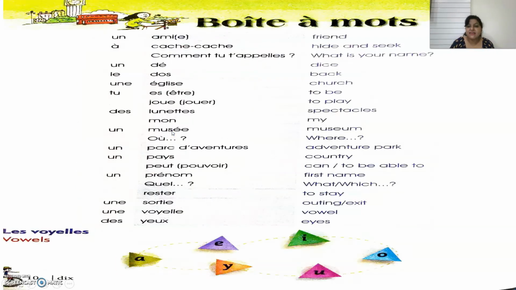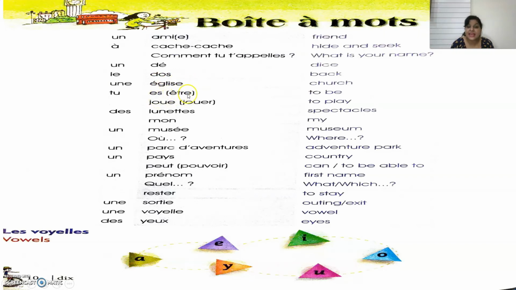Now let's quickly read out the vocabulary that is written on the last page. That is ami, that's a friend. Cache-cache, that means hide and seek. Comment tu t'appelles? What is your name? Dé, that's a dice. Sac, that's a bag. Église, that's a church.